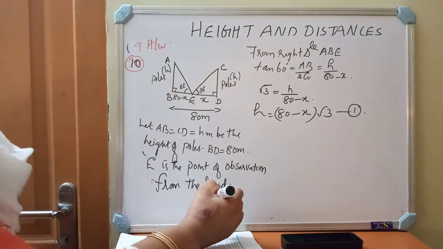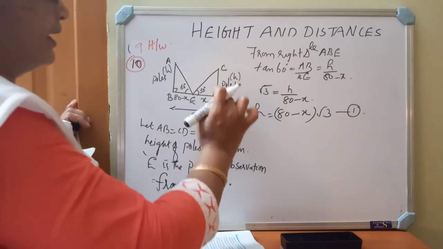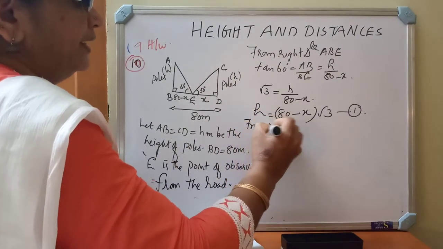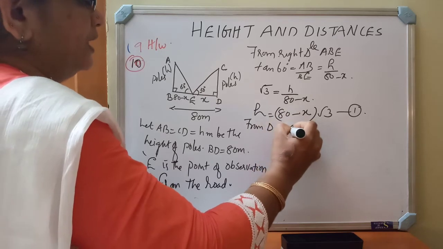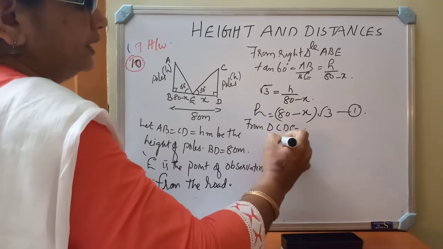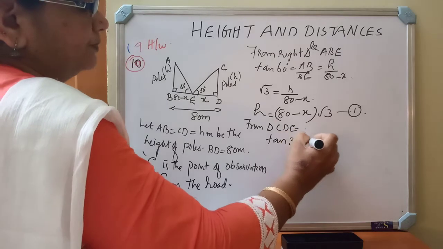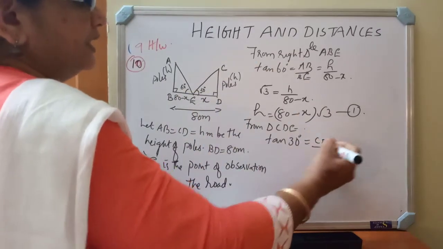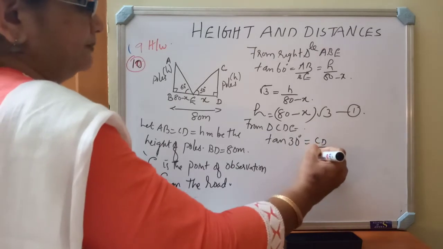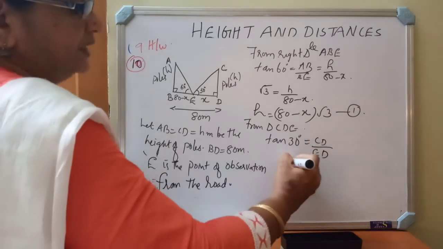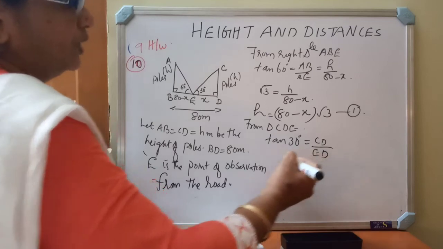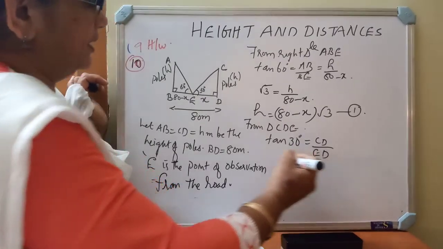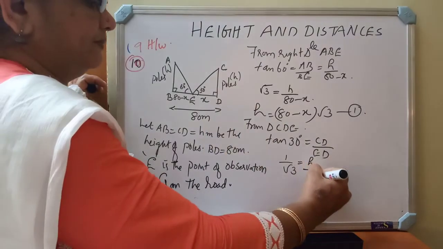Then again consider right triangle CDE. From right triangle CDE, tan 30 is equal to what, children? CD divided by ED. Tan 30 is 1 by root 3, that is equal to CD, h divided by ED, x.